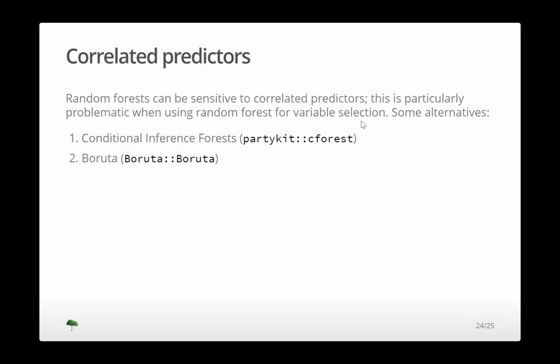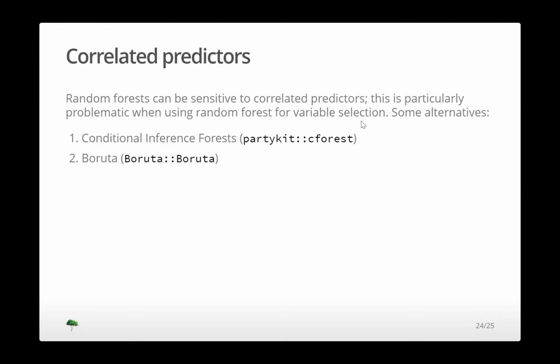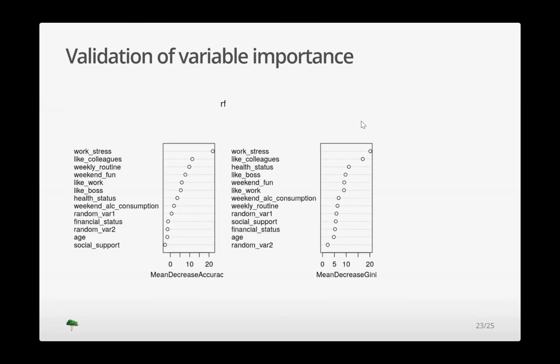A final thing that you should consider ties into the variable importance components. When you select predictors based on variable importance and have correlated predictors, this can be a bit of a problem, at least in interpretation.